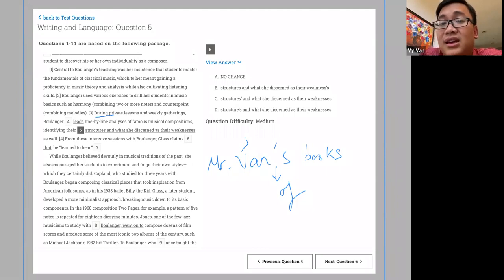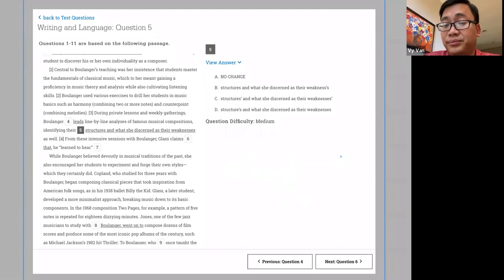So I think this looks good itself. So A is the correct answer. Just a moment of vocab. If you don't know what discern means, it means differentiate, or see the difference in their weaknesses. Okay, let's move on to the next question.